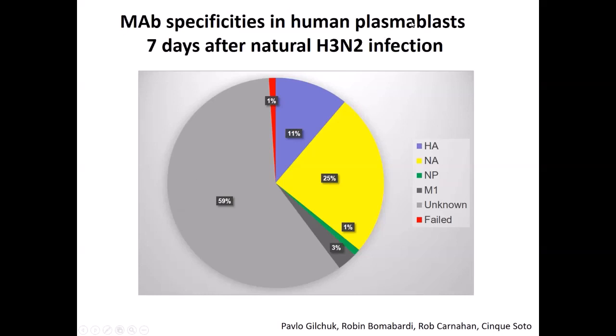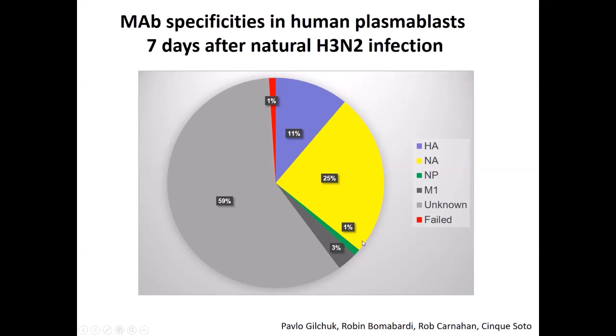In the plasmablast technique, we've done a lot of this after vaccination or infection. And this was a natural infection instance where our group recently expressed, I think this is just 100 antibodies, and you can see it's great. Well, you get HA antibodies, 11%, 25% of them NA.